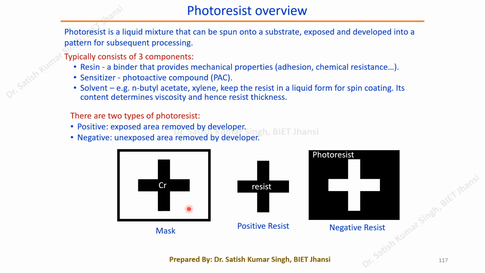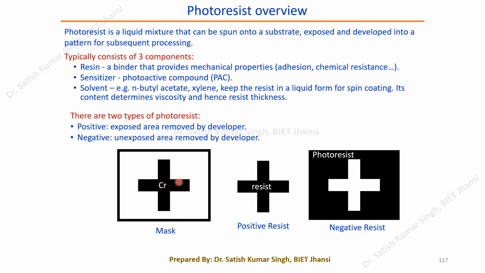Those regions that were not exposed to the UV rays were initially dissolvable in the developer, so they can be removed. It is just opposite to your positive photoresist: the unexposed area can be removed by the developer.